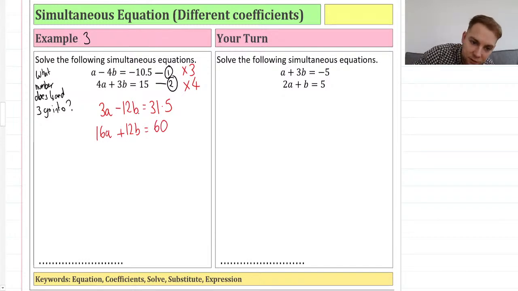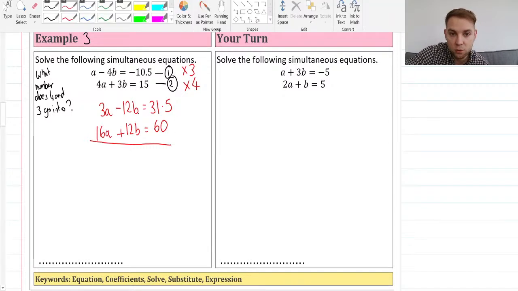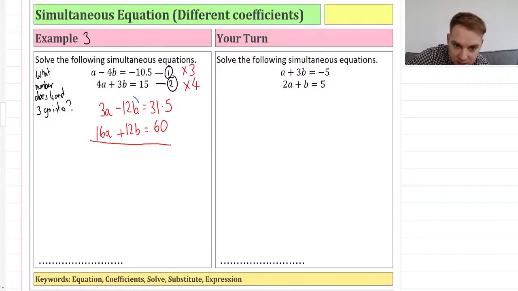Now the reason that I've done this is to make the coefficient of B the same. That's the whole point, isn't it? Once you've done that, the question you've got to ask yourself is whether the number in front of B is the same or different. If I look at B, the coefficients of B are different, which means that you need to add these.